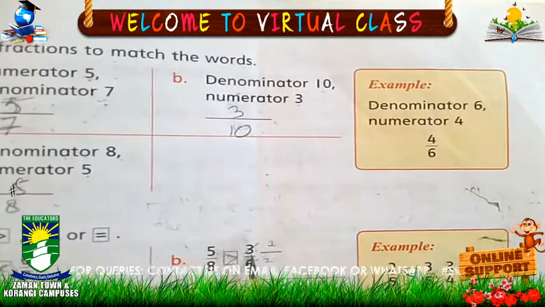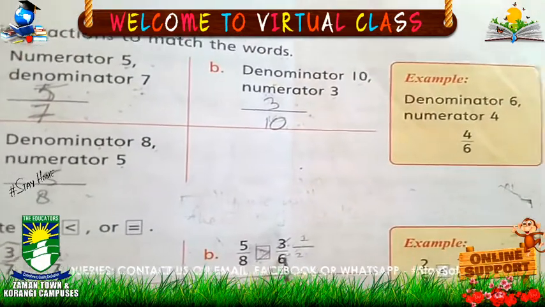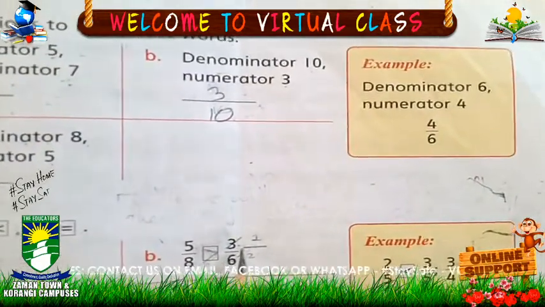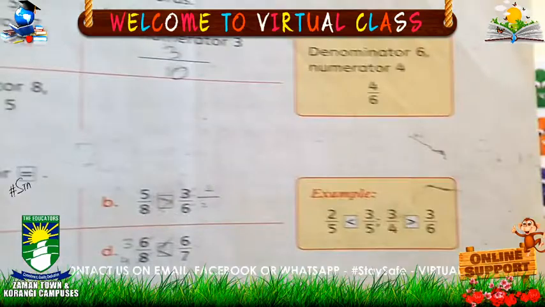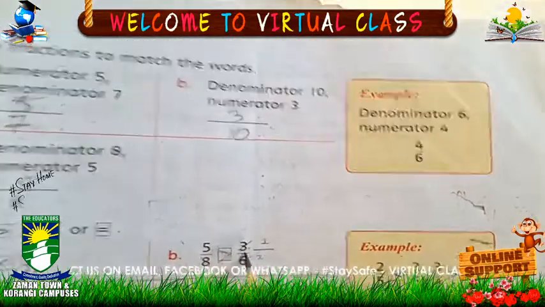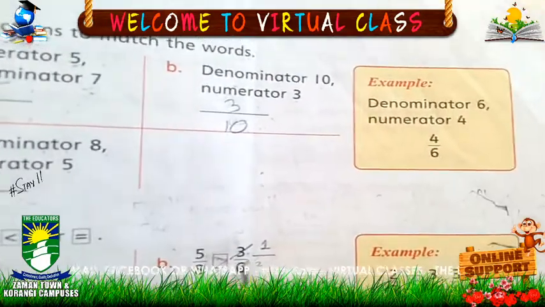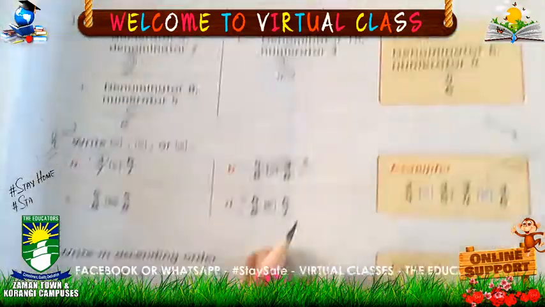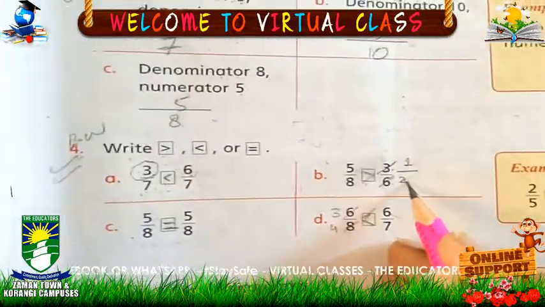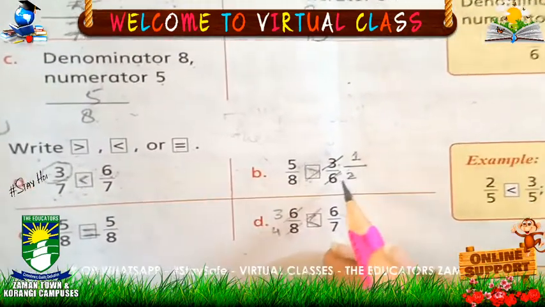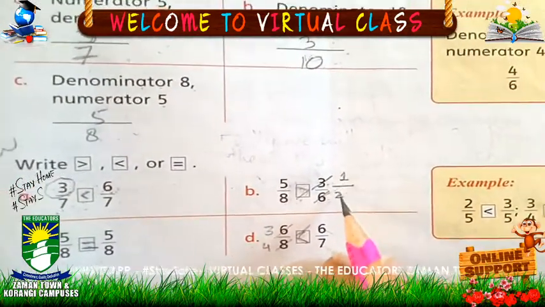Now come here. Yes, 6 comes in the table of 3, so we will simplify it further. 3 ones are 3, 3 twos are 6. This fraction has become 1/2.